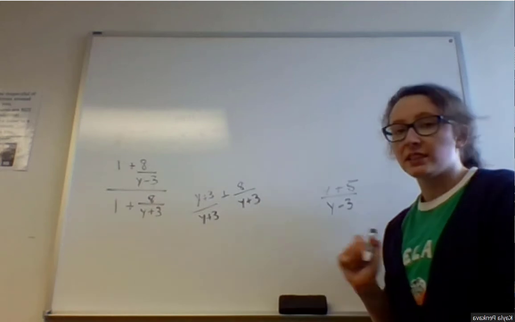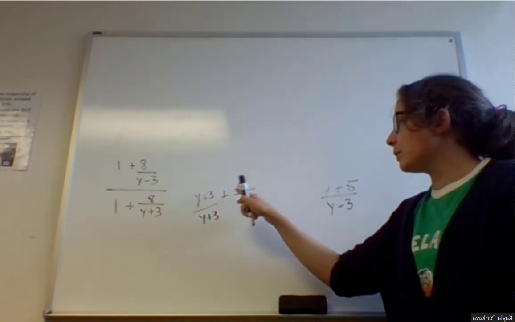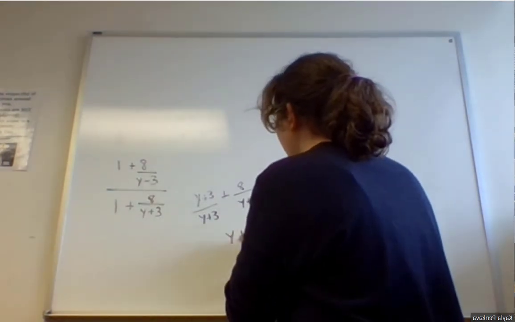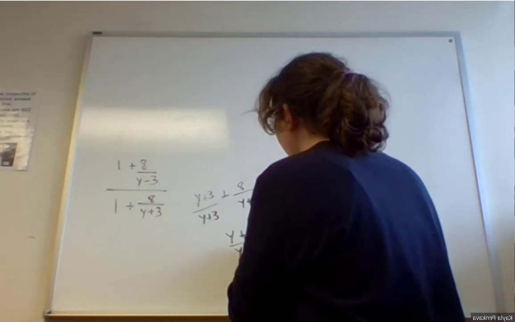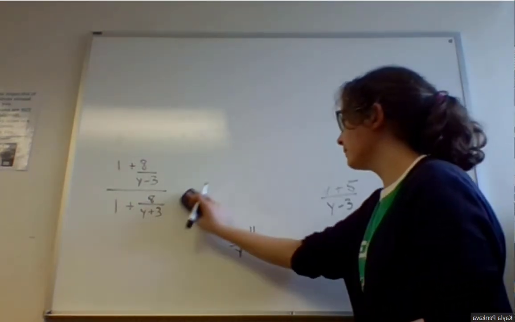Then since they have common denominators, we can add the tops together to get y plus 3 plus 8, which is y plus 11 over y plus 3. So that's the simplified denominator of that fraction.